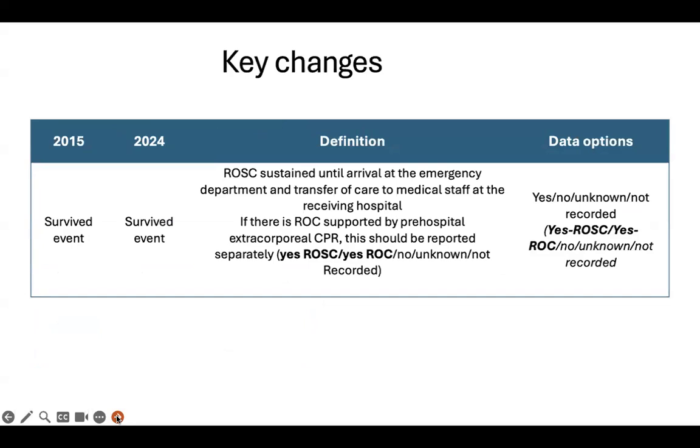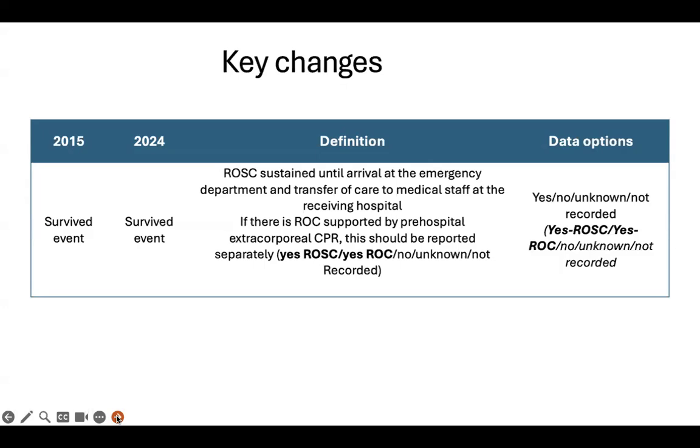Looking through the remaining core outcomes, those remained the same. There were no significant changes, but there were some minor modifications reflecting changes in the field. Survived event has been defined over a number of iterations of Utstein as ROSC sustained until arrival at the emergency department and transfer of care to medical staff at the receiving hospital.